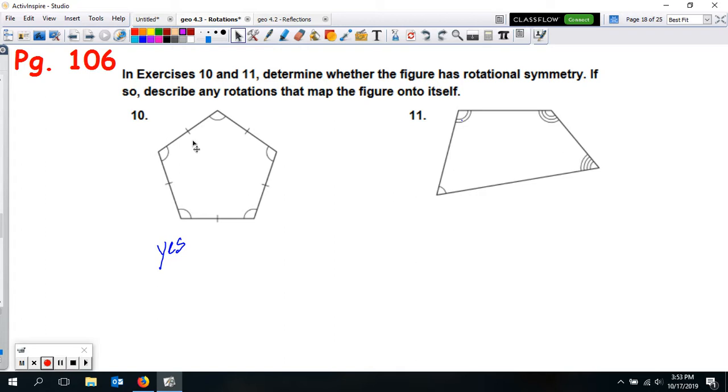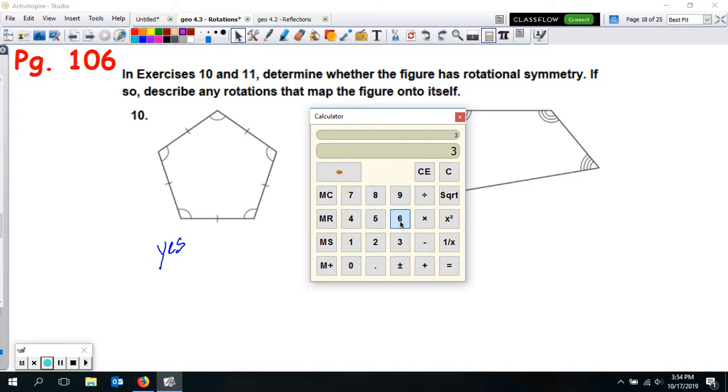So we'd say yes. The first time we'd have to figure out, okay, well 360 degrees is a full rotation, and you have 5 stops here. 1, 2, 3, 4, 5. The fifth stops at 360. So if you divide 360 by 5, that'll tell you how much each rotation would be. So if we just did that real quick, 360 divided by 5, that's going to give us 72.